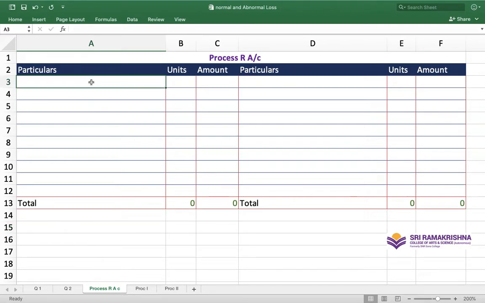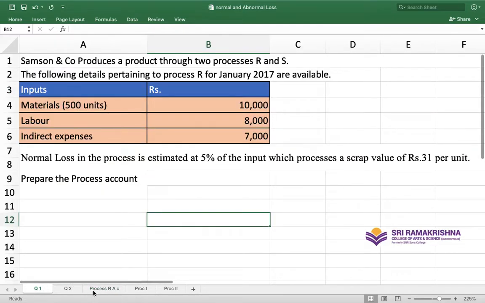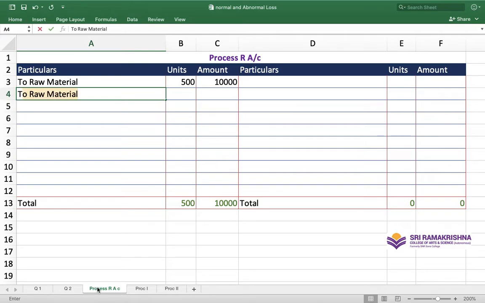So here on the debit side, to raw material 500 units and the value is 10,000. Then to wages, then to indirect expenses.